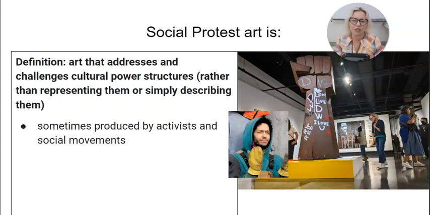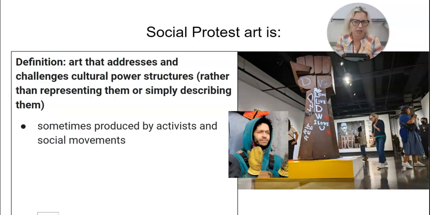Sometimes these pieces of art are produced by activists and social movements, like the picture we have here of Jordan Powell Karras and his iconic fist sculpture that was erected at what became George Floyd Square in 2020. There's now a steel version of the sculpture that he originally was the brains behind, but not always.